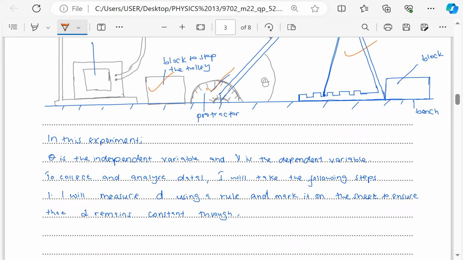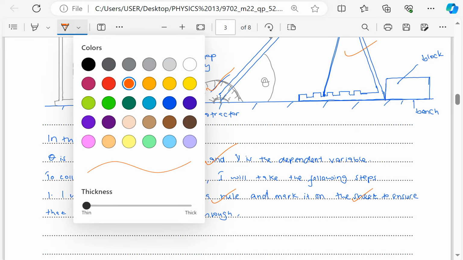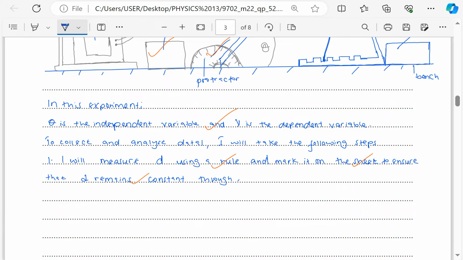Then identifying the dependent and independent variable, that is another mark. Then telling the examiner that I'll measure D using a ruler, which is correct, and then ensure that it remains constant. You have ensured that it remains constant by marking it on the sheet, and you have also been able to identify that D should remain constant. In almost you have 3 marks in 1 point. Of course, the examiner will look for only 15 marking points, and then he will give you all the marks. Even if you write more, 20 marking points, there is no problem.